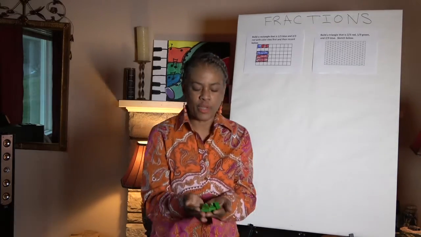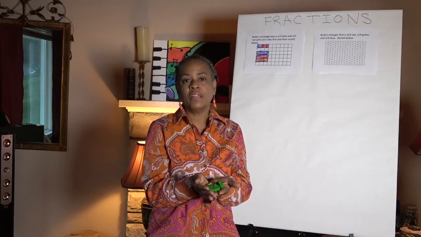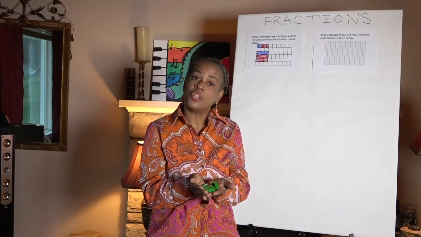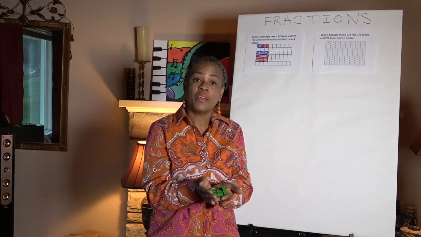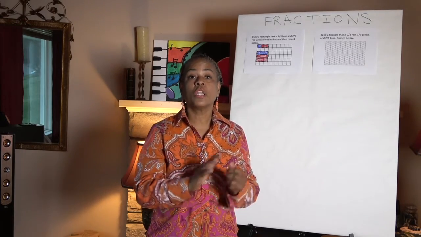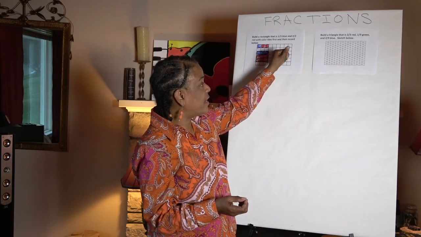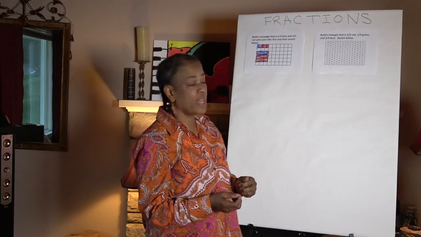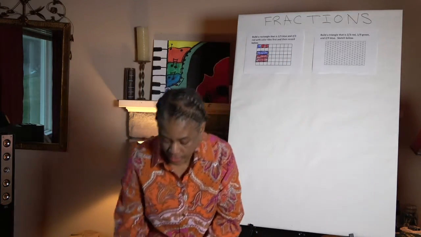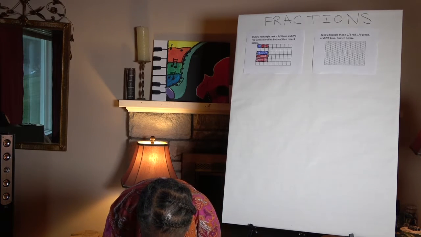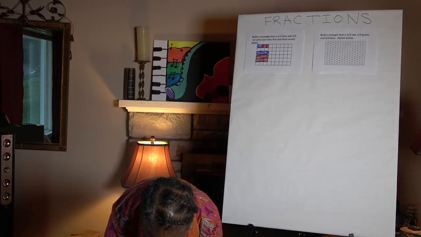So I want to start with 9 of these triangles, and I will count each triangle as 1/9. And then I will try to make a larger triangle that is 2/3 red, 1/9 green, and 2/9 blue. So I'm going to do that, and then I will color it in for you.